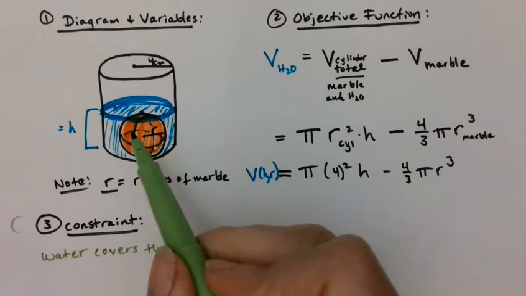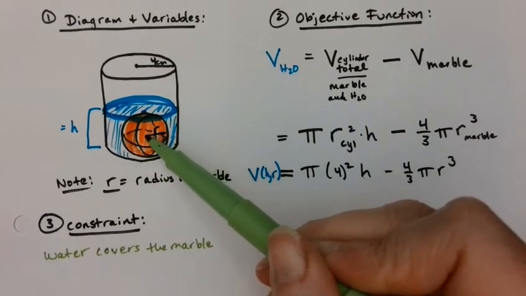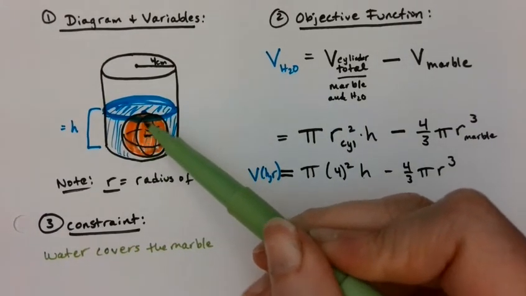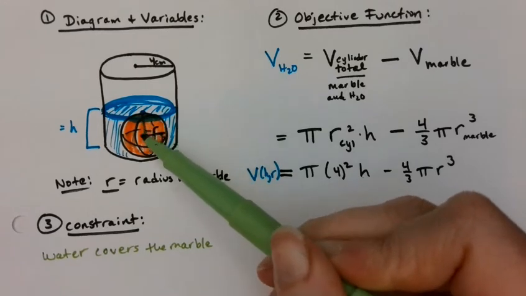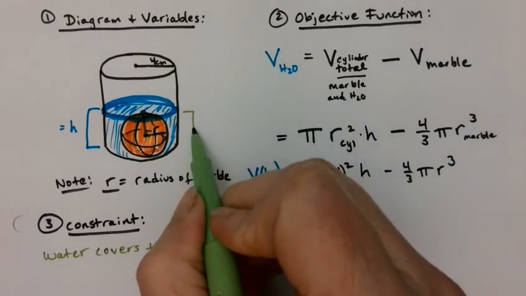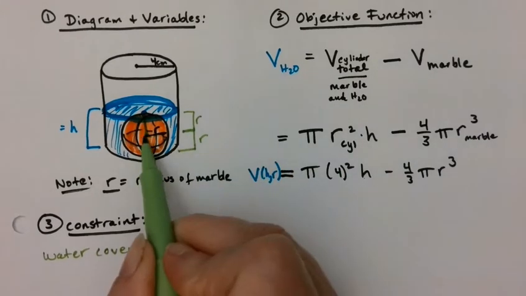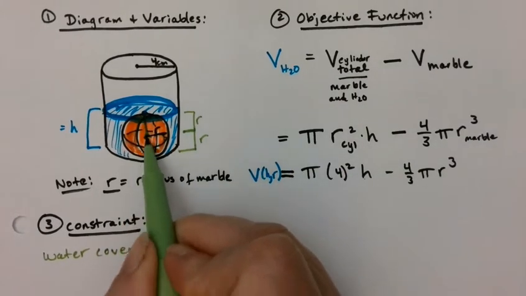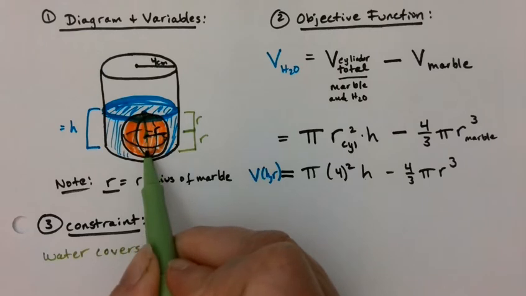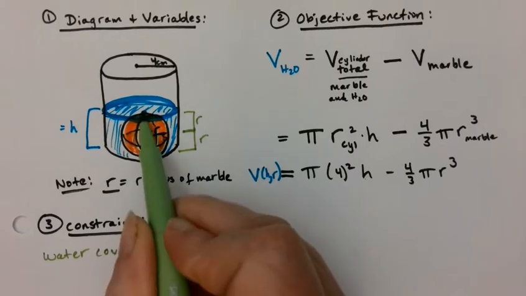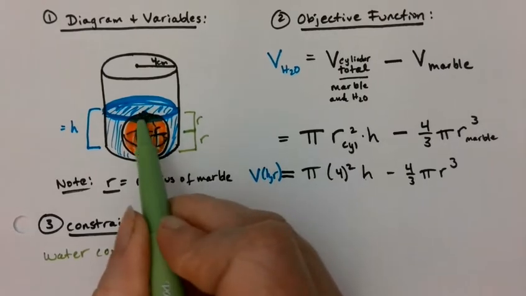And here's why. So the radius on a sphere goes from the center to the edge. So if you think of it, you have one radius right here, but you've got another one right here. From the center to the top of the marble, center to the bottom of the marble. You've got 2 radii. That means that the height of the water is the height of the marble, remember, because we're just covering.